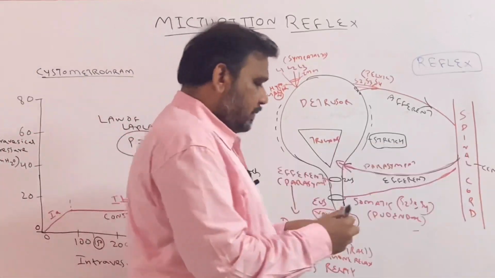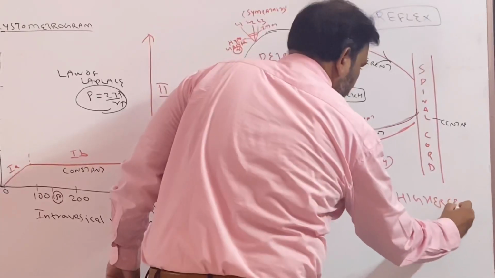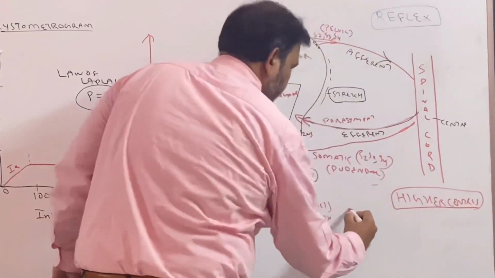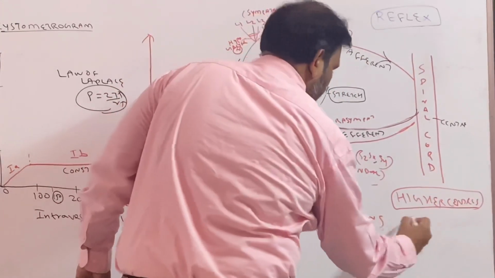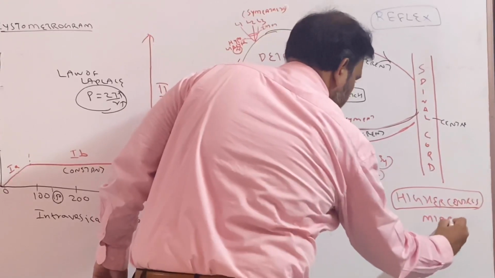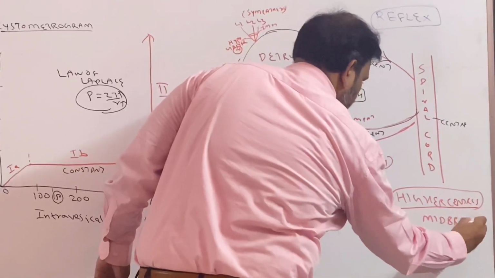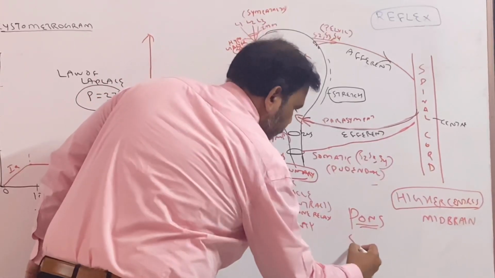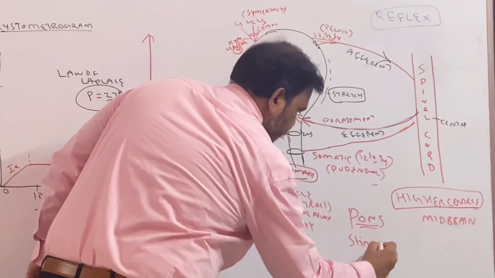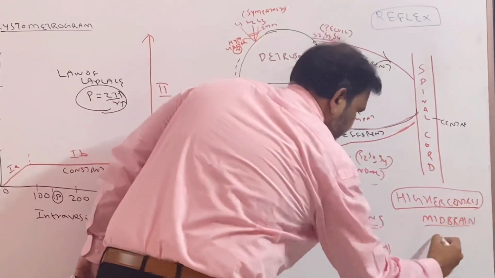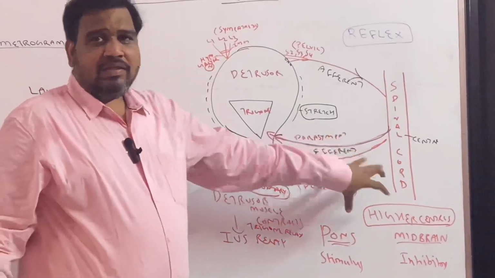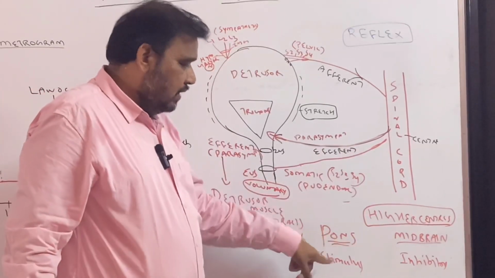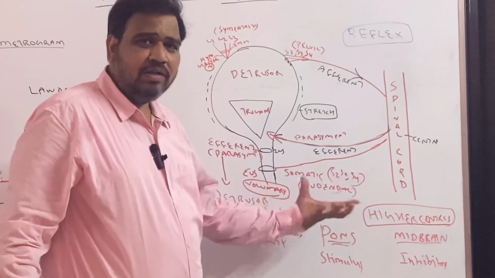Now coming to the higher centers, mainly two are there: pons and midbrain. So pons is usually the stimulus for micturition. Midbrain is inhibitory. Of the higher centers which control this micturition reflex, the center in the pons is facilitatory, or stimulating the micturition.